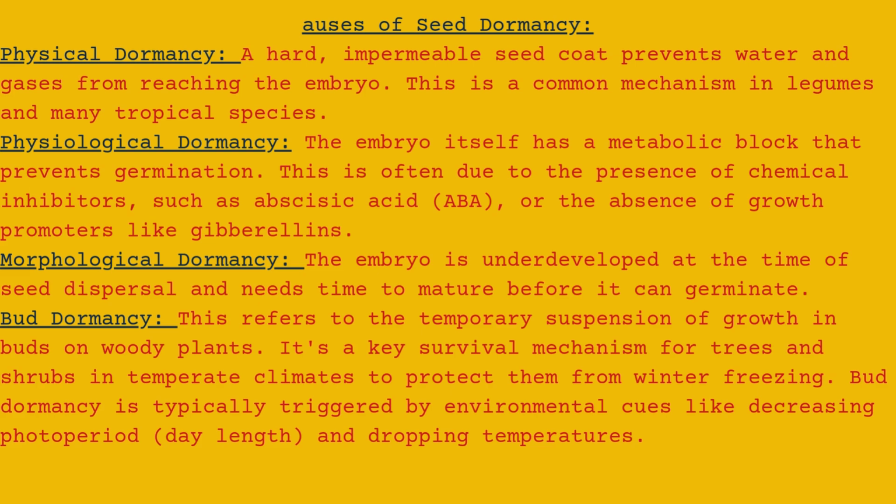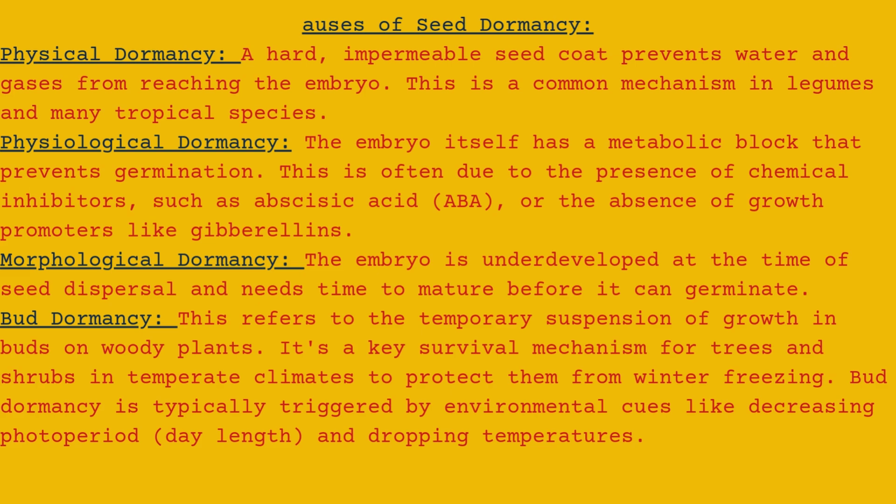The first one is physical dormancy. A hard, impermeable seed coat prevents water and gases from reaching the embryo. This is commonly seen in legumes and many tropical species. The second one is physiological dormancy. The embryo itself has a metabolic block that prevents germination.